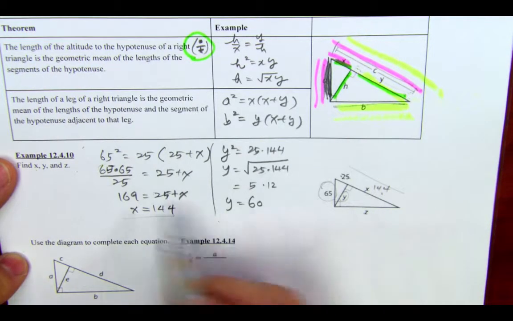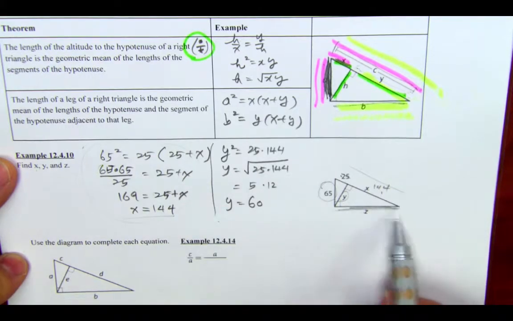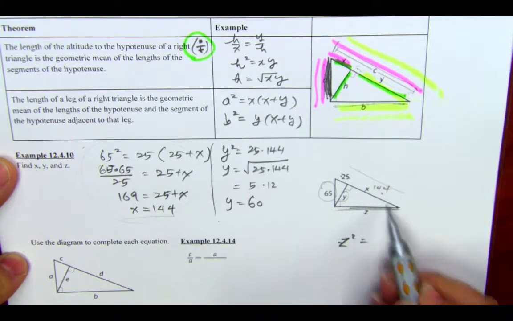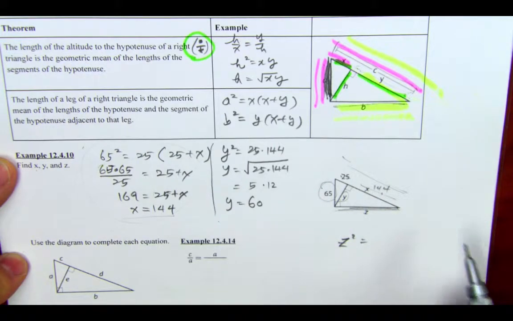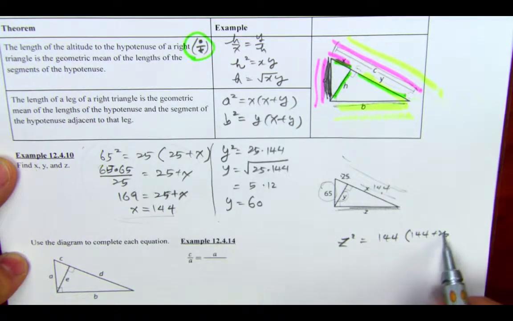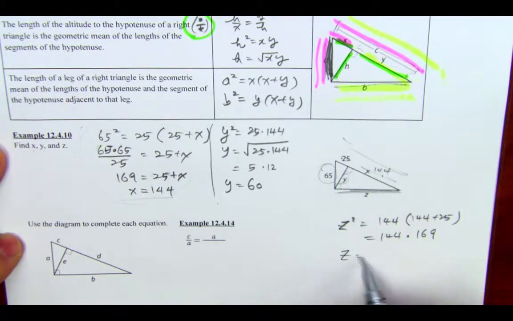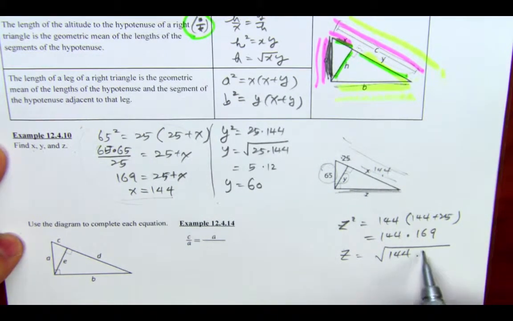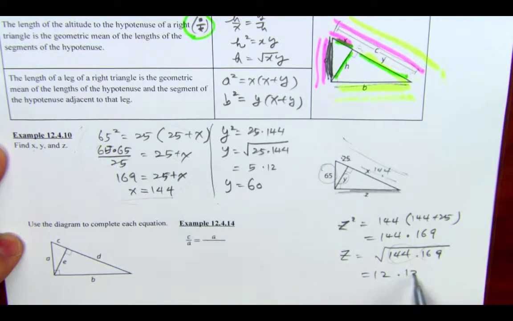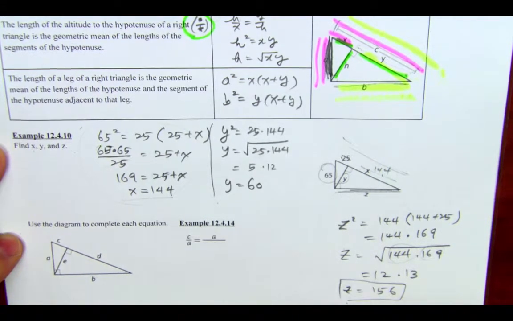Well, z squared, we know, is this times the whole length, isn't it? 144 times 144 plus 25, so that's 144 times 169. If I square root both sides, square root of 144 is 12, square root of 169 is 13. When you multiply those two out, we end up with z is equal to 156.